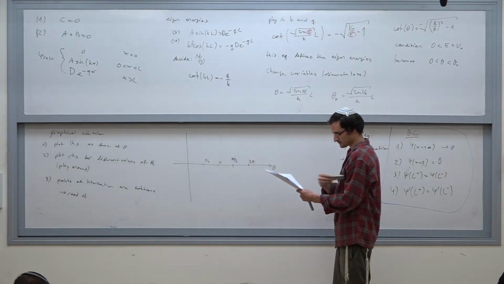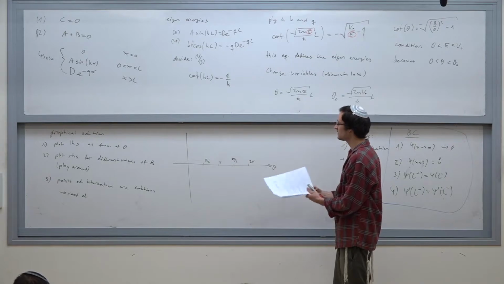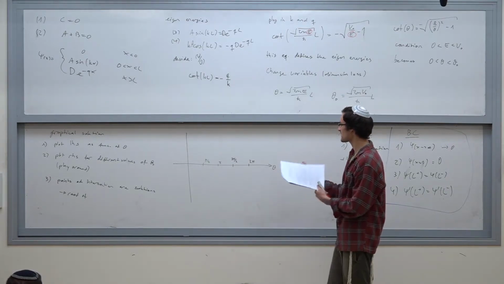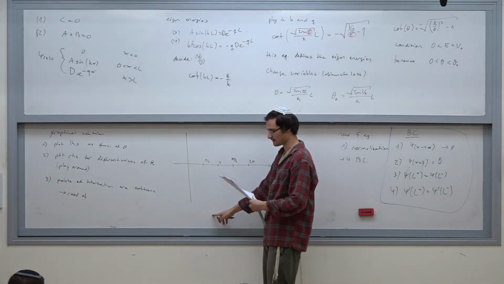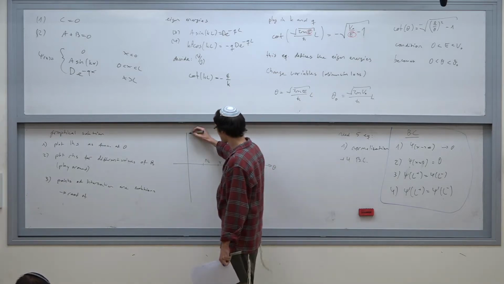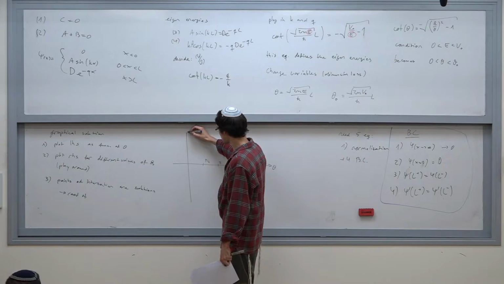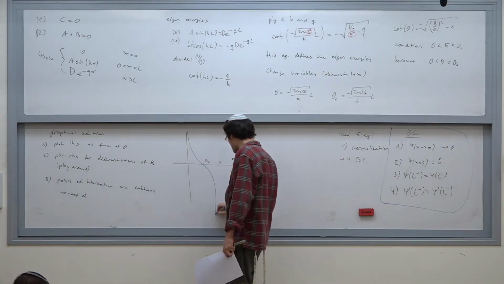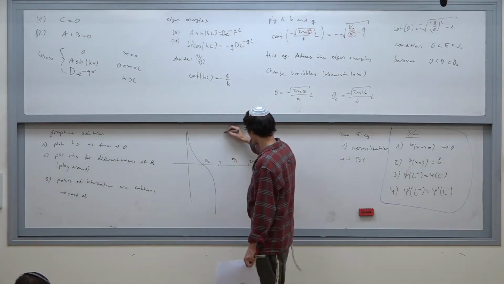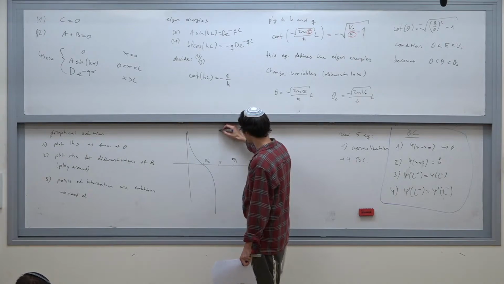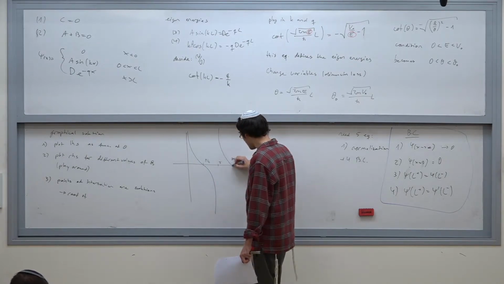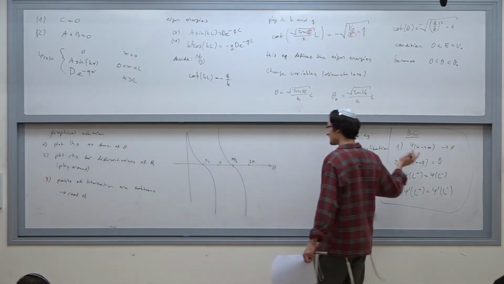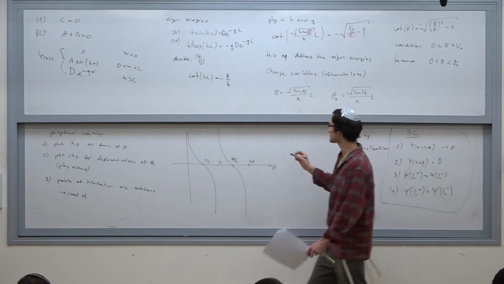So a cotangent comes from infinity, crosses 0 at pi over 2, and then goes to minus infinity at pi, right? It's a cosine divided by a sine. And then it's periodic, so the same thing again, and again and again and again. Okay? That's the cotangent.